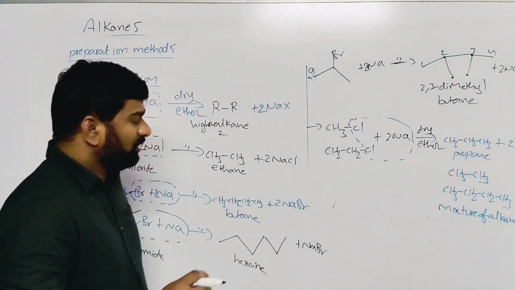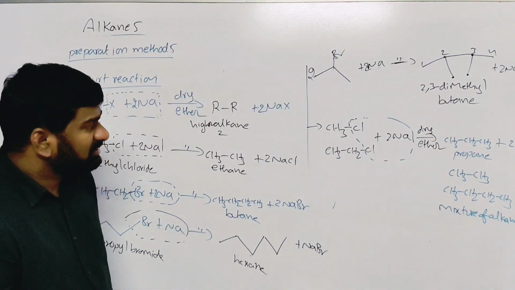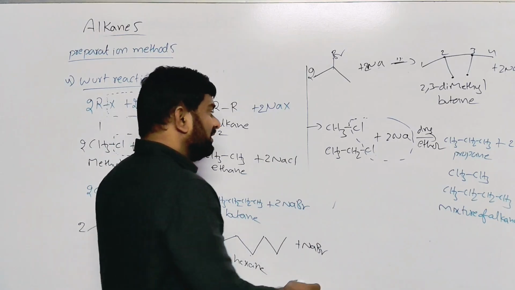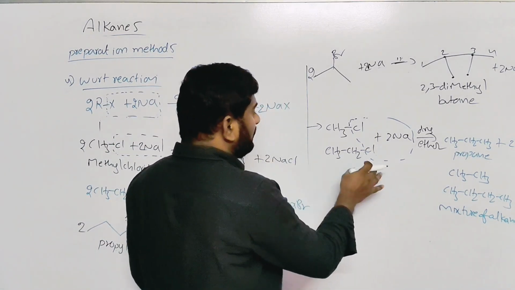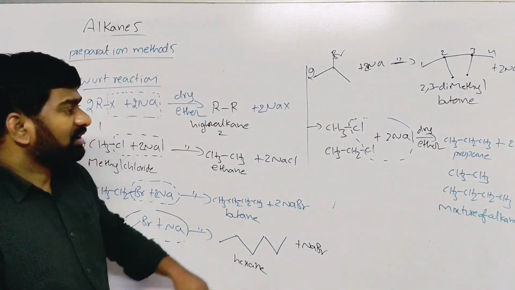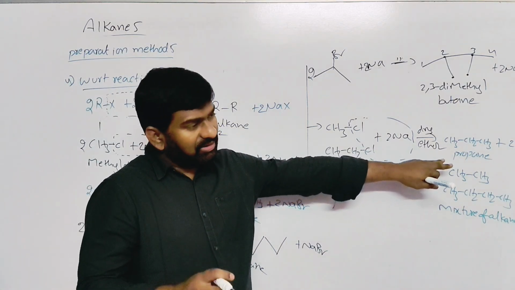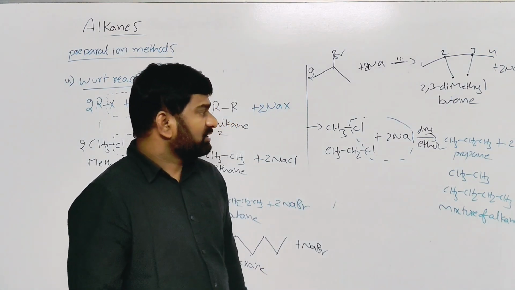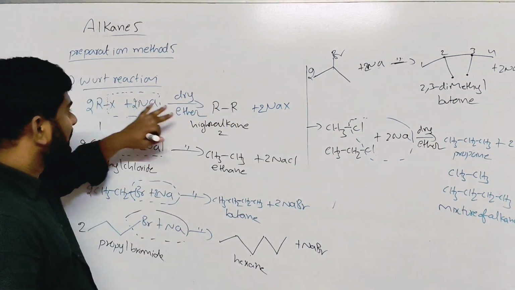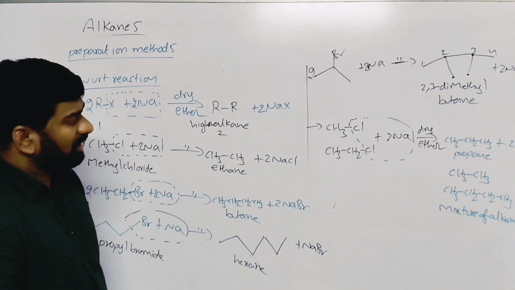That's why you will not prefer the Wurtz reaction to prepare odd number of carbon containing alkanes. The Wurtz reaction is best used to prepare even number of carbon containing alkanes.